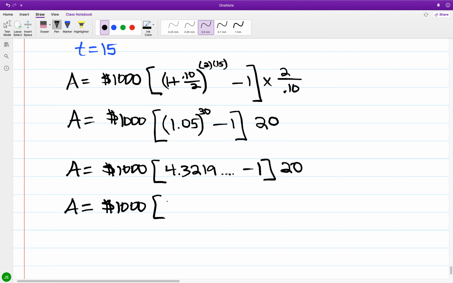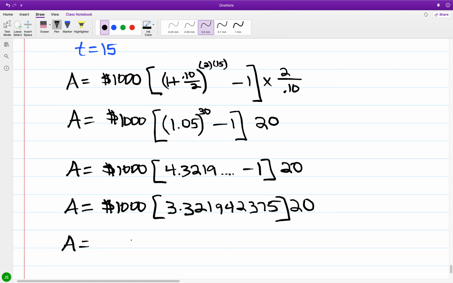Now just go ahead and give you the full decimal display. So you have 3.32194237.5. We have multiplied by 20. So altogether, you have $1,000 times the difference, and again, we have times 20.